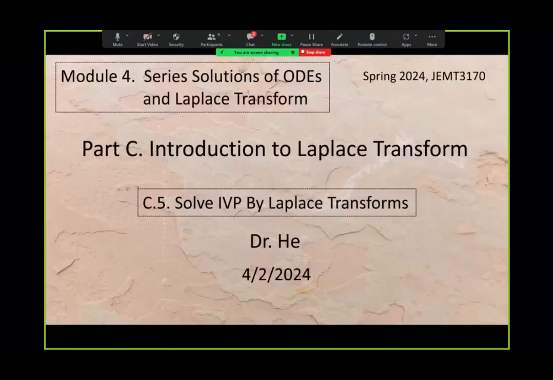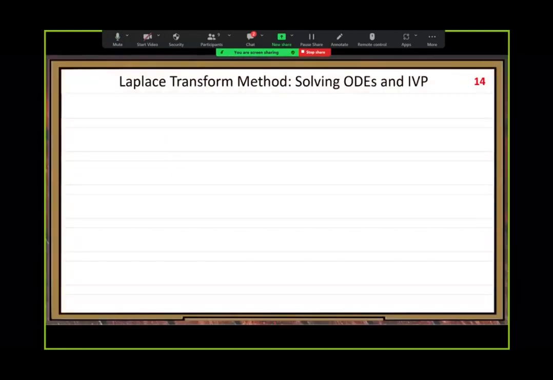C.5, solve IVP by Laplace transform. For an IVP, we also only need to do algebraic operations. Let's look at the example.